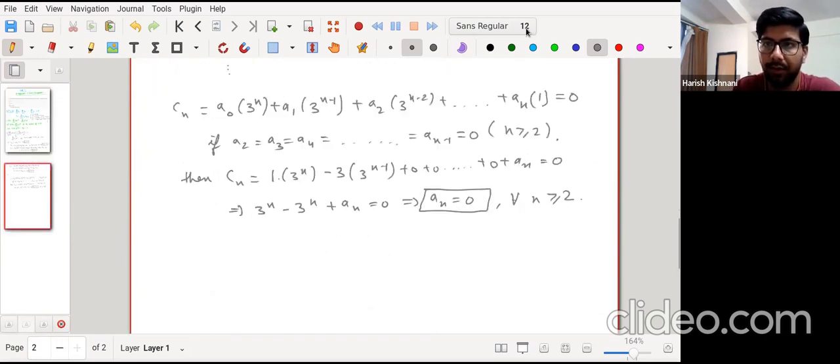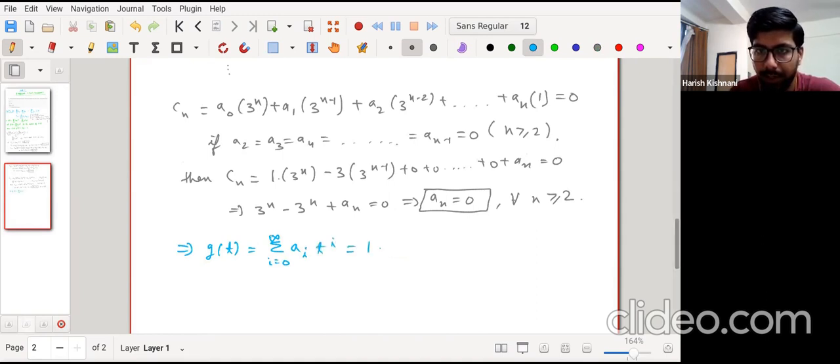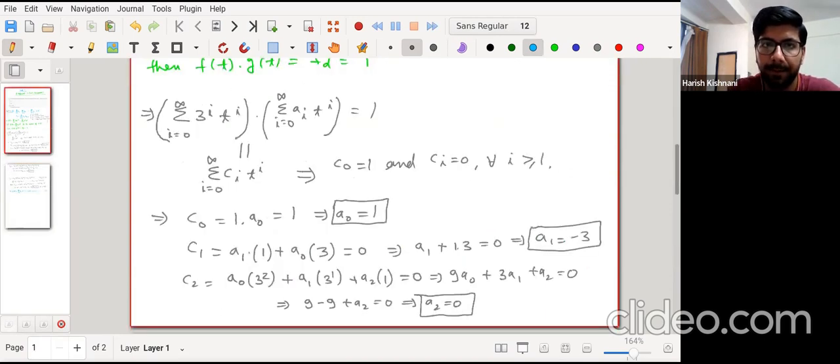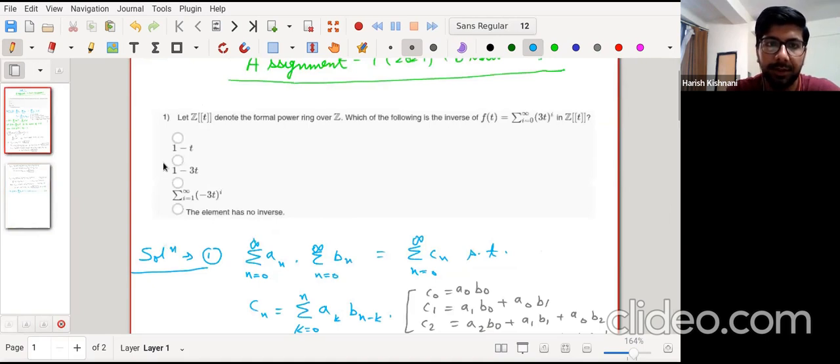So this will imply that gt, that is the summation of i equal to 0 to infinity ai ti, is 1 minus 3t plus 0 plus 0 plus 0. Everything will be 0 after a2, right? So that is just 1 minus 3t. You can check that it's an option there. So 1 minus 3t is the correct option. Inverse is unique, so we need not look at the other options.